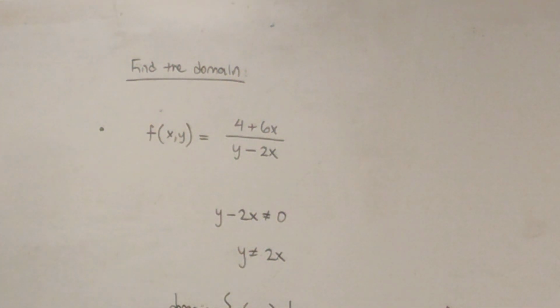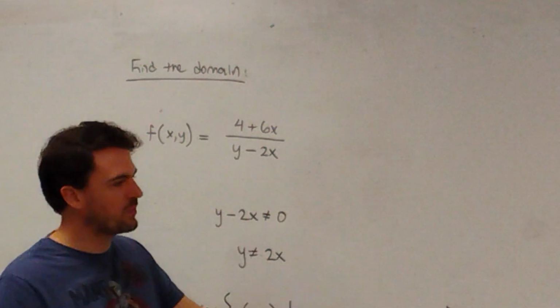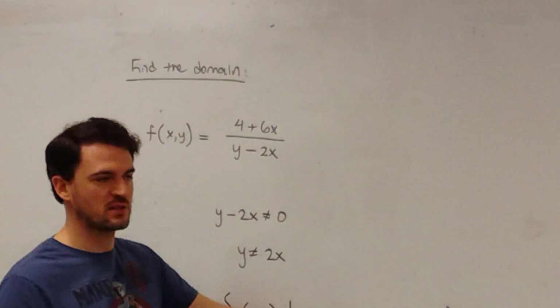Again, it's helpful that you can just use a description of what your domain can't be. Writing it in interval notation, you're writing all the values of x as an interval, but being able to just describe it and say, oh, the y can't be 2x, it's just a lot cleaner.